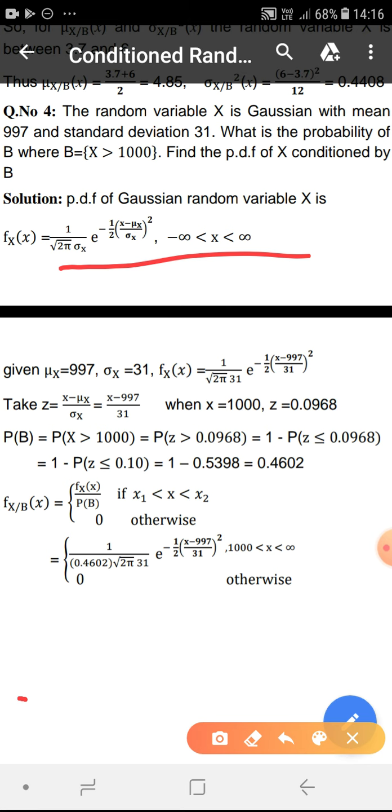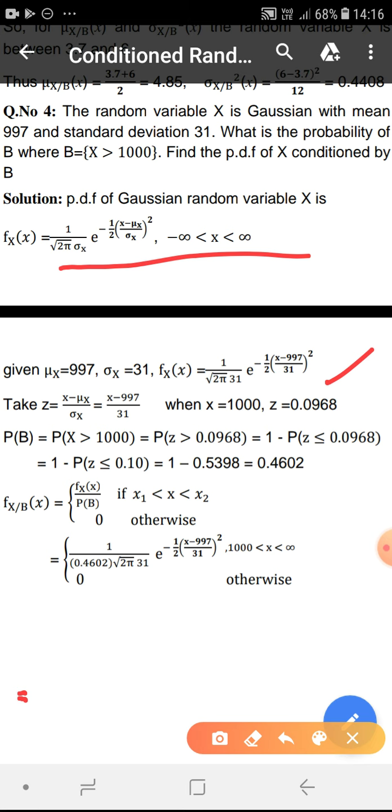Here the mean of the Gaussian random variable x is mu x equal to 997 and the standard deviation sigma x is 31. Substituting these two values in that PDF, f x of x will be 1 by root 2 pi into 31 into e power minus half ((x minus 997) divided by 31) whole square. So this is the PDF of the Gaussian random variable x.